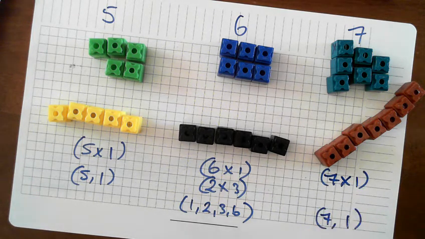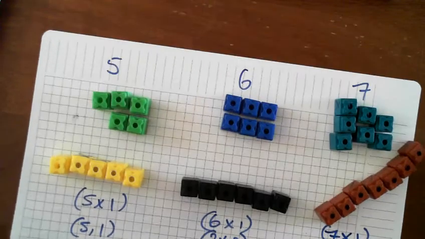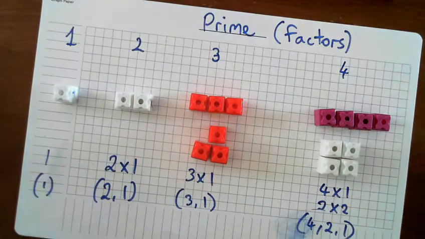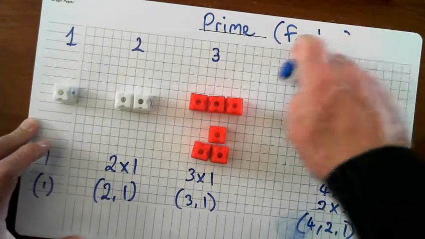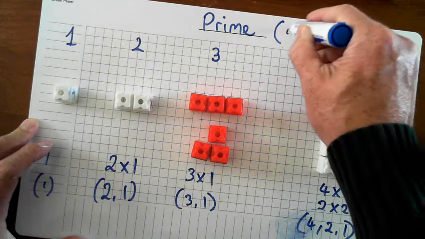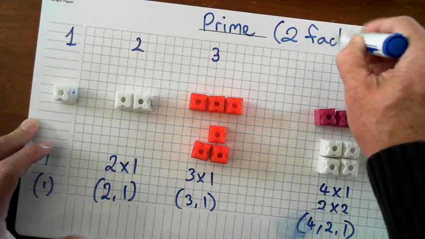So now we go back and we just look at which numbers have only 2 factors. The numbers which have 2 factors are prime. Prime numbers only have 2 factors.